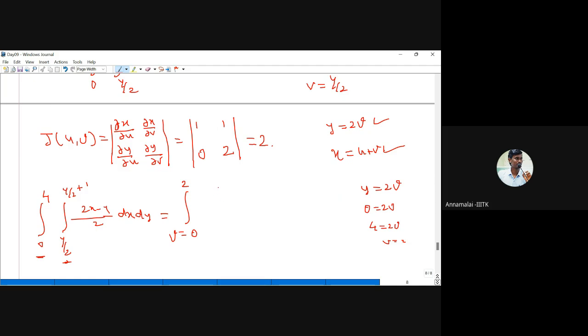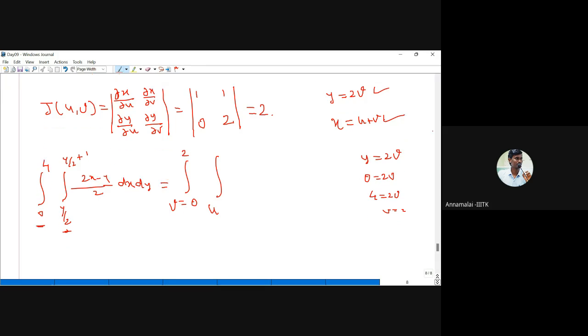Now what is the limit for u? We get 0 to 1. We know that x equal to u plus v.